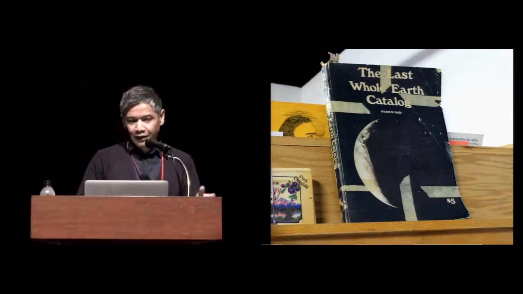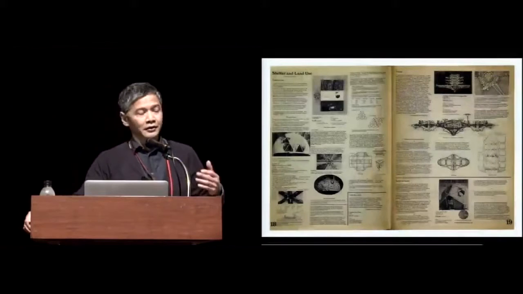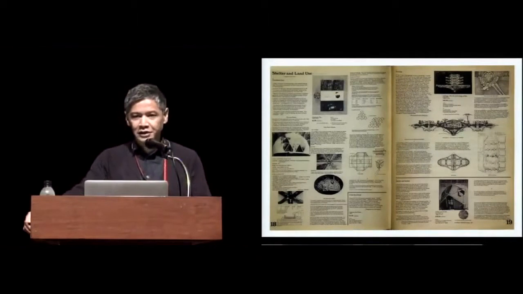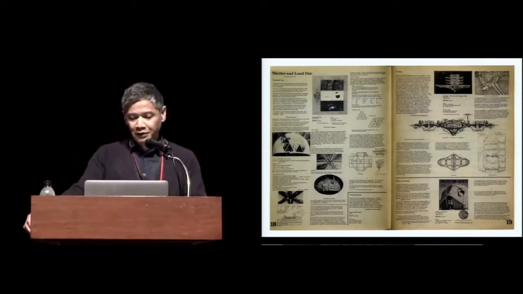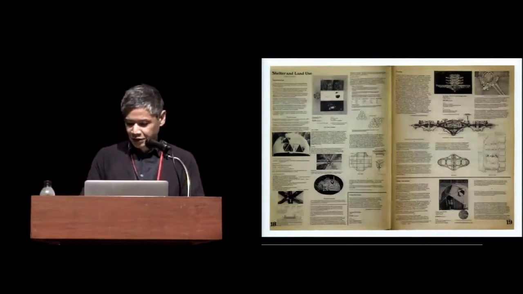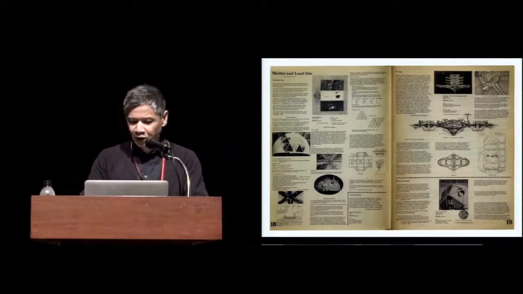The catalog was not really a catalog of DIY tutorials, but it was a catalog of references and resources that would help people be more ecologically or environmentally aware, and put that into practice in terms of the ways in which they could do it themselves. And so it was a democratizing of practice, a democratizing of making.